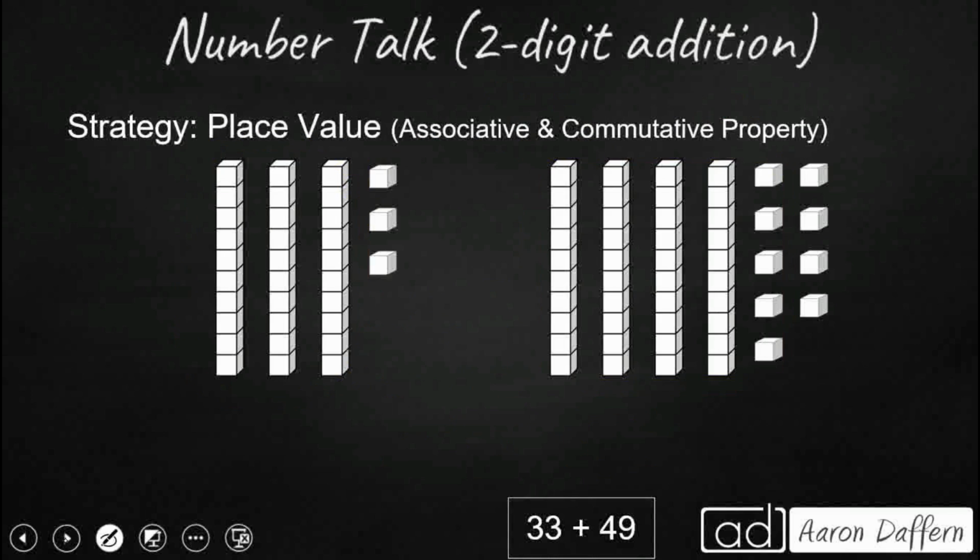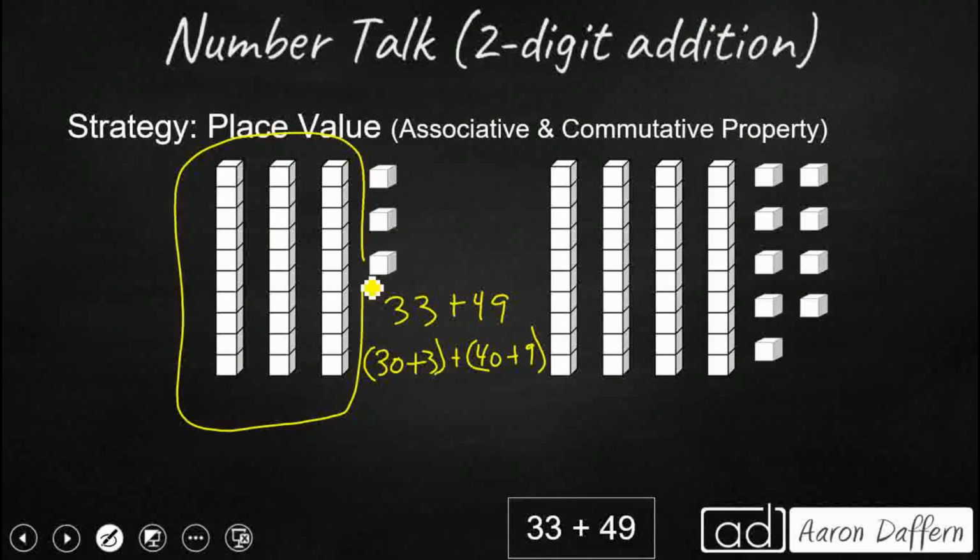Now, place value uses the same idea as the previous friendly numbers strategy. We're going to break up our numbers, but in this case, think of expanded form, just based on place value. So 30 plus 3, 40 plus 9. And then what we're going to do is take our tens, and let's take care of those first.